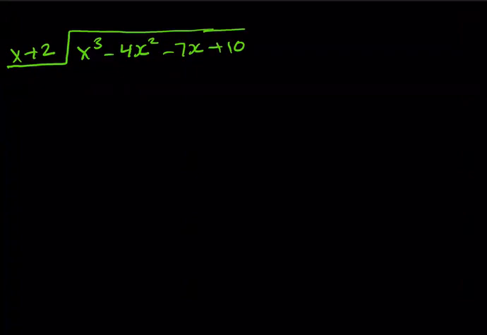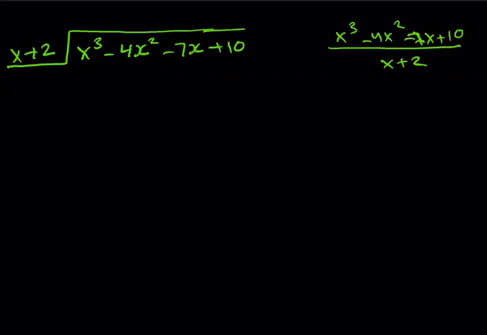They will say find the quotient and the remainder for this divided by x plus 2. Or maybe this way: x cubed minus 4x squared minus 7x plus 10 over x plus 2, right? So that means divided by x plus 2. So anyway, we'll do the long division now.